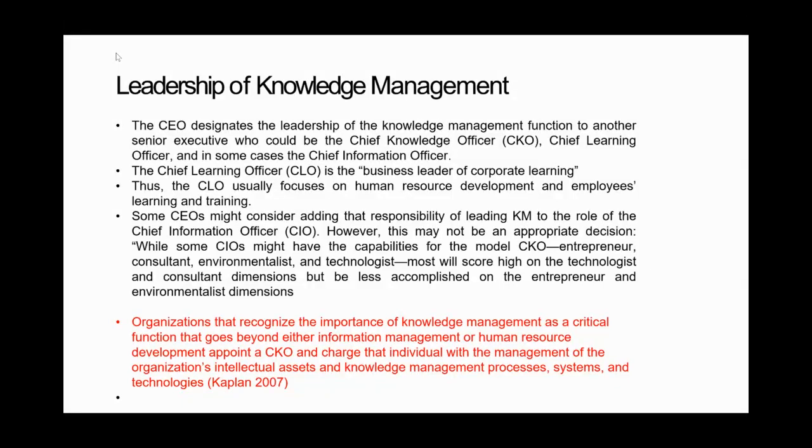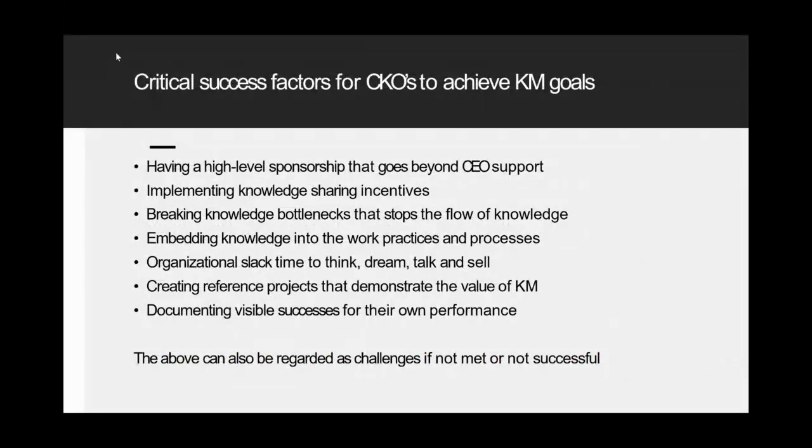Okay? So here now they're speaking to critical success factors for your chief knowledge officer to achieve knowledge management goals. Having a high level of supervision that goes beyond the CEO support. Okay? So you have to supervise your guys to ensure that they're obviously doing the things that need to be done in relation to knowledge management. Implementing knowledge sharing initiatives, all right?